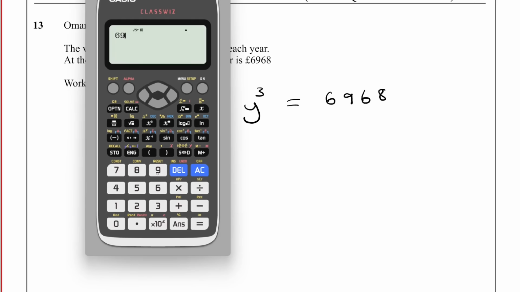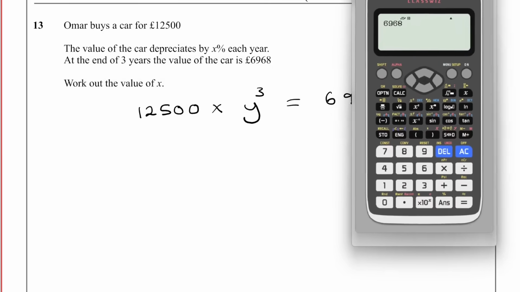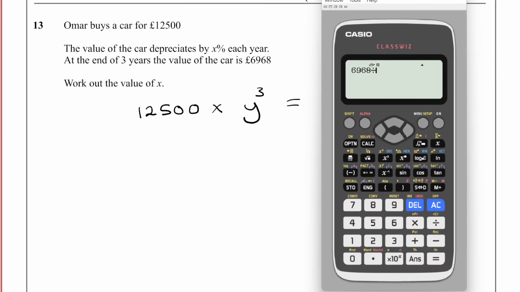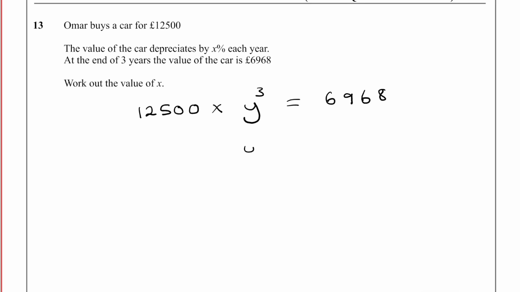So we're going to do 6,968 divided by 12,500, which is 0.55744. So that's y cubed.